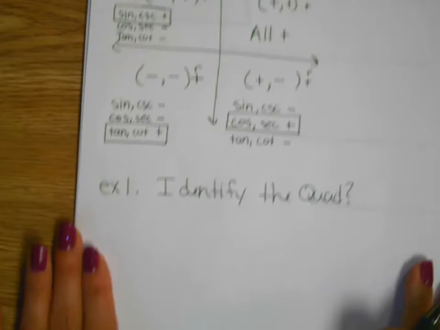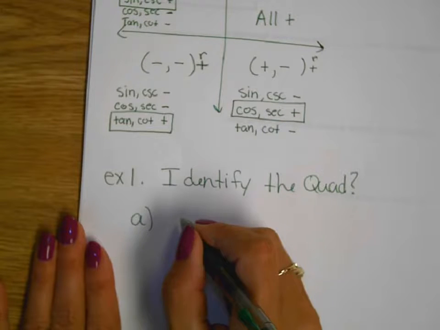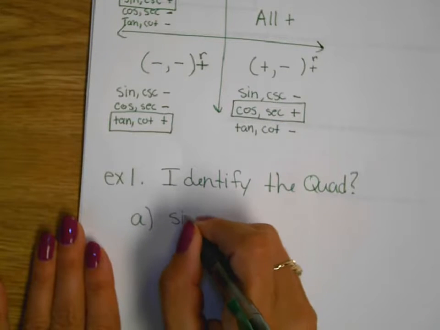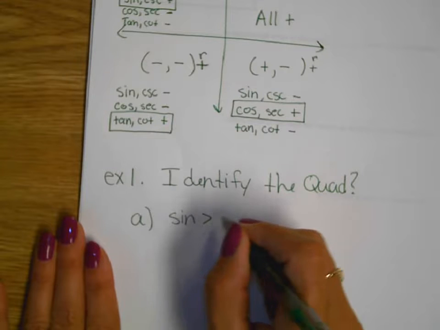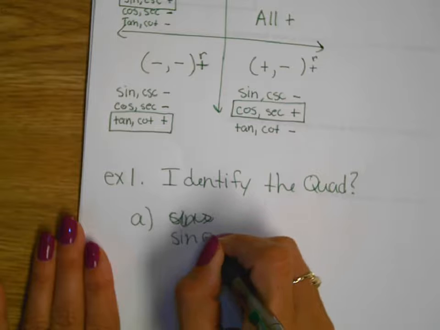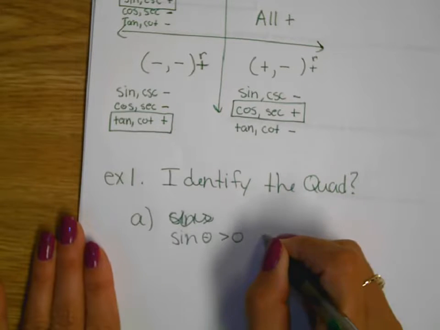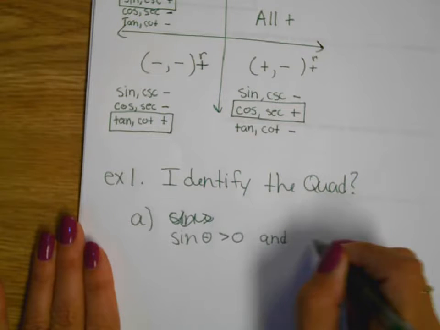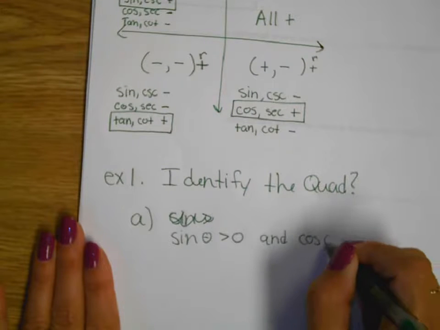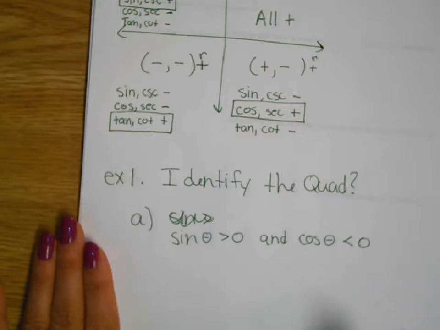So where am I if the sine, let me write that again. The sine of an angle theta is greater than 0, and the cosine of that same angle theta is less than 0.